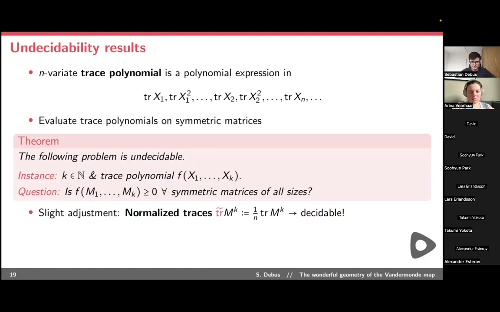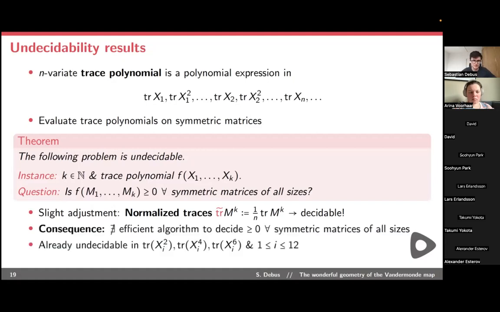I will try to explain why this is the case. But a consequence of the theorem is that there cannot exist an algorithm to decide whether such trace polynomials are non-negative for all symmetric matrices of all sizes. And the proof that we use goes back to a proof of Hatami and Norine in extremal combinatorics.